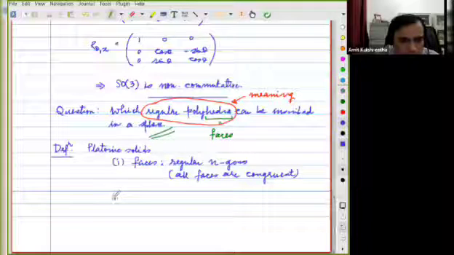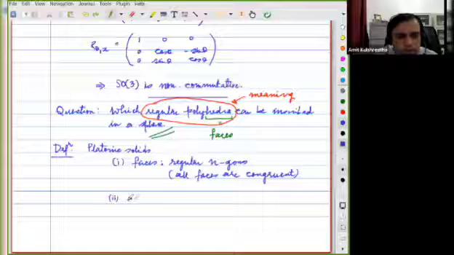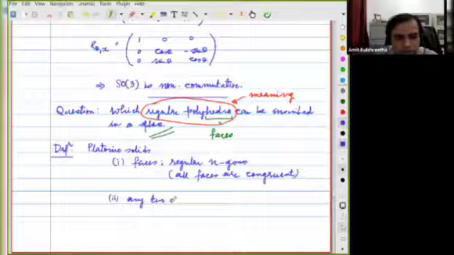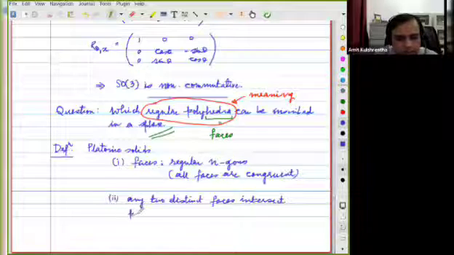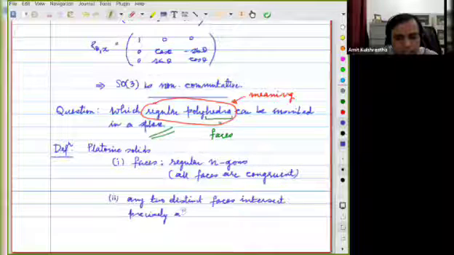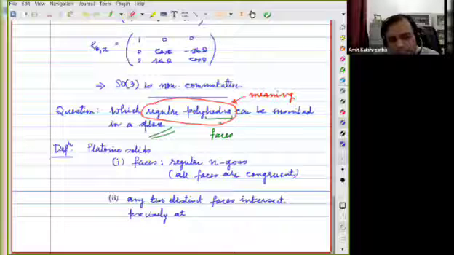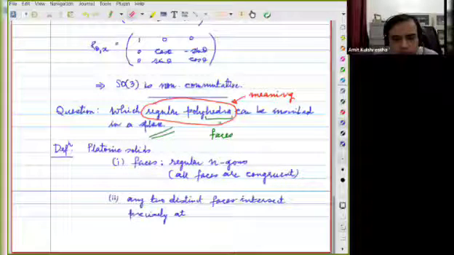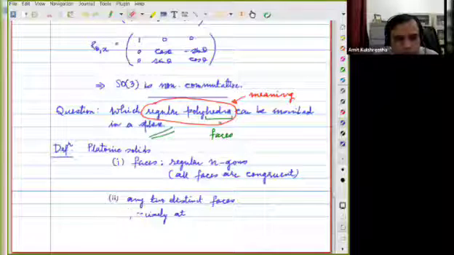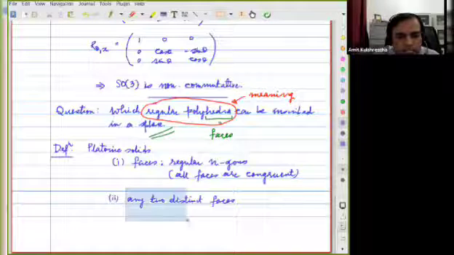The second part is, if you take any two distinct faces, what I want to say is that if you take their intersection, that is precisely forming the collection of all the edges.